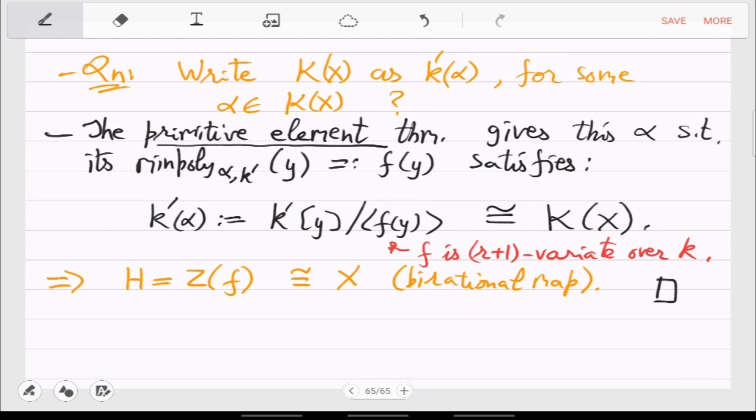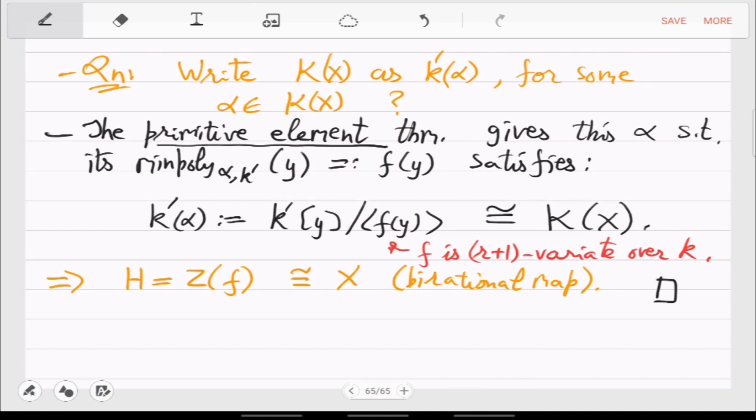Okay, but now this allows us to actually compare two very different varieties. Y may not be a line, may not be the affine line. And we will call this rational map dominant if it kind of covers everything in the image.